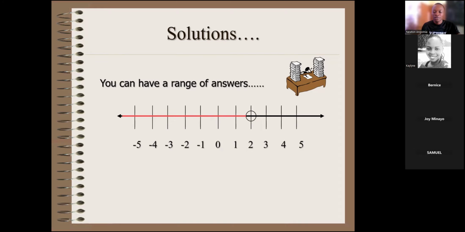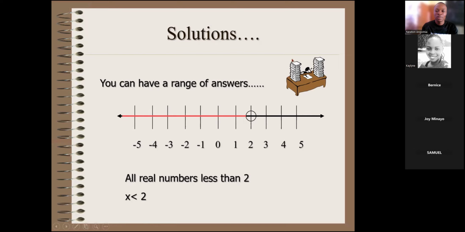The red indicates that we are going to the left from that particular point. It means you can represent your inequality as x less than 2, because towards the left of the number line, the values are smaller. So the inequality x less than 2 has been represented on that number line.